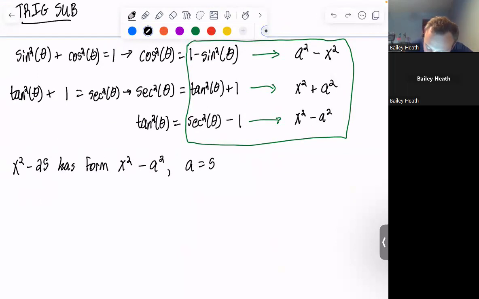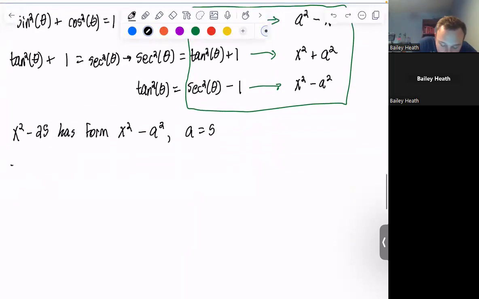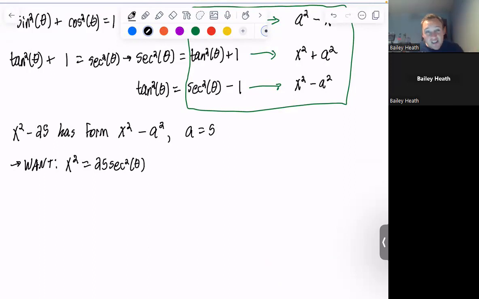I'll write it over here. This tells me that I'm going to use this bottom identity because this has the form x squared minus a squared. So what do I want? I want to define x in such a way that x squared is equal to 25 secant squared, because if my x squared is 25 secant squared, then I'll be able to factor out a 25 from both terms and use this identity here.